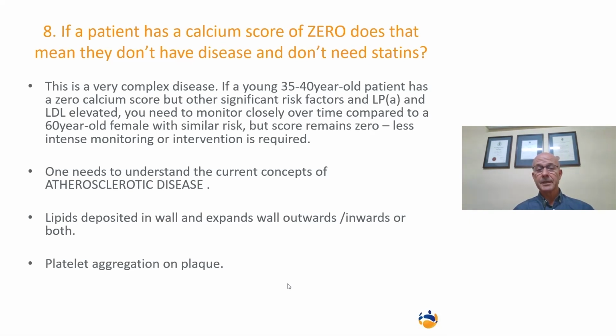So even in a young patient, say a 40-year-old, who's got a very high chance, a 90% chance, of a 0 calcium score, I would still punch in the data into the MESA risk score.